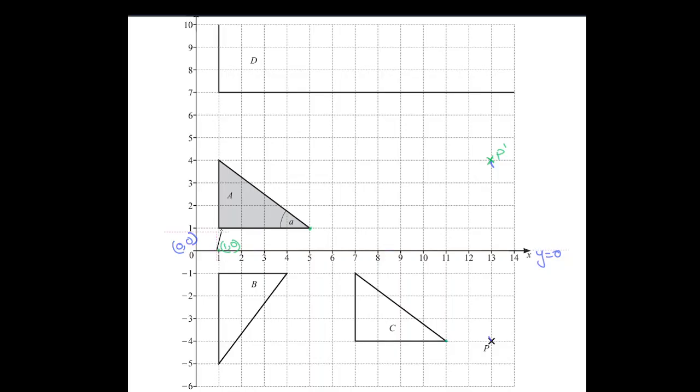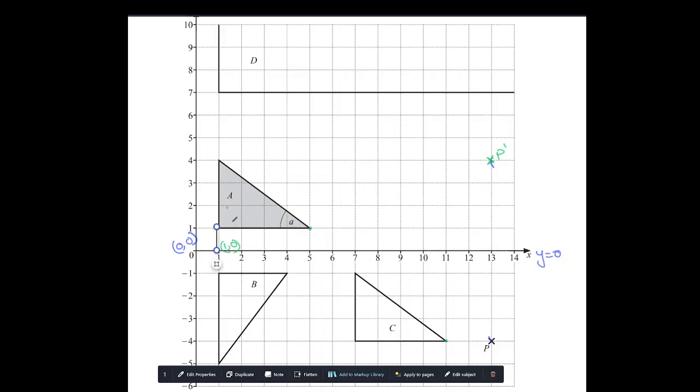It is one box from here to the original vertex. And how many boxes far is the image vertex? 2, 3, 4, 5, 6, 7. So the enlargement scale factor here is 7.